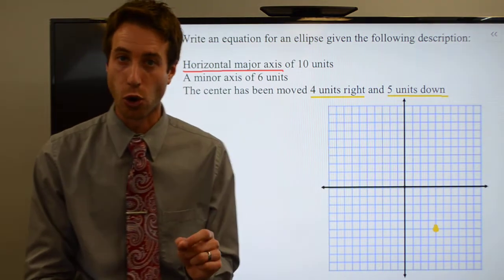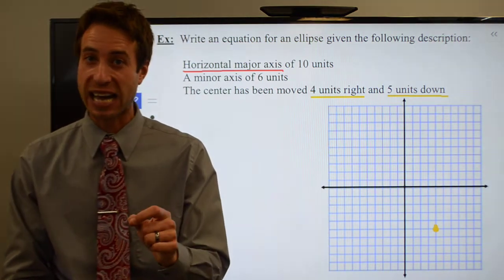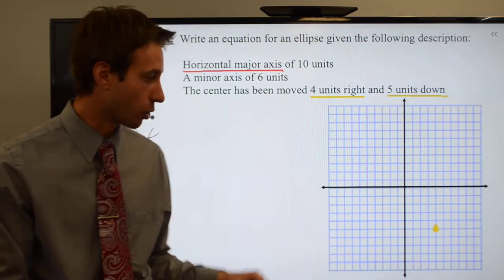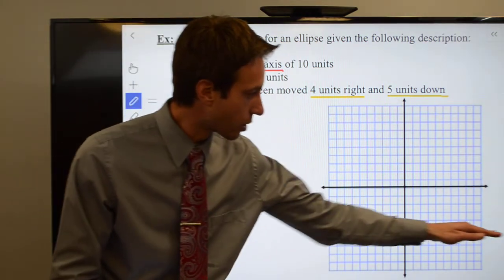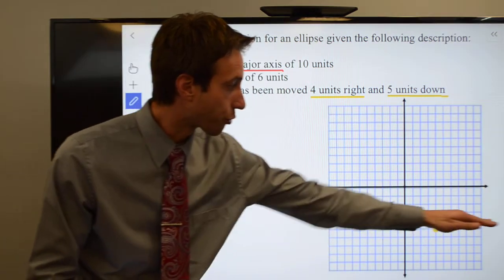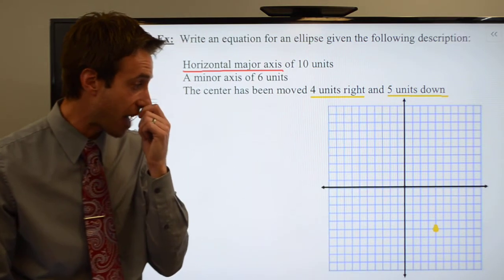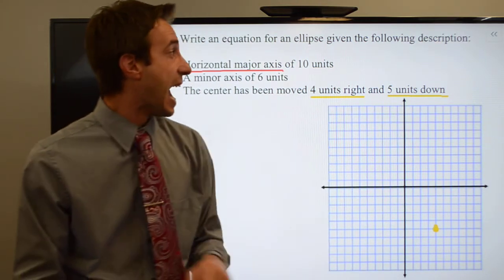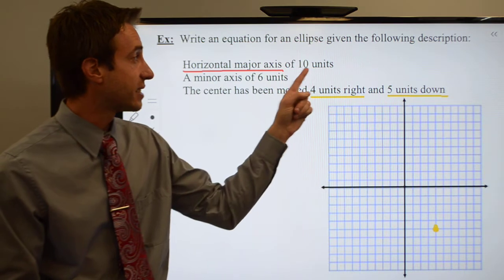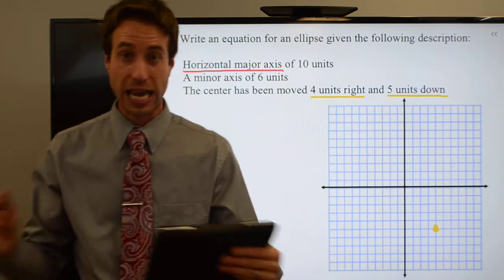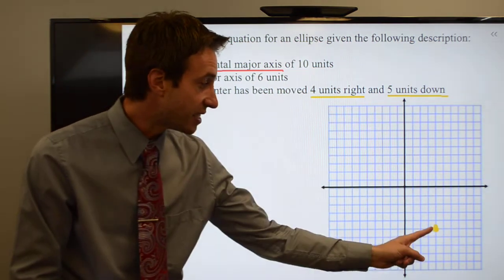Now, here's what I'm told. I'm told the major axis is horizontal. So my major axis is going to run horizontally through the center of that ellipse. And I'm told the major axis is 10 units long. But this is the center.